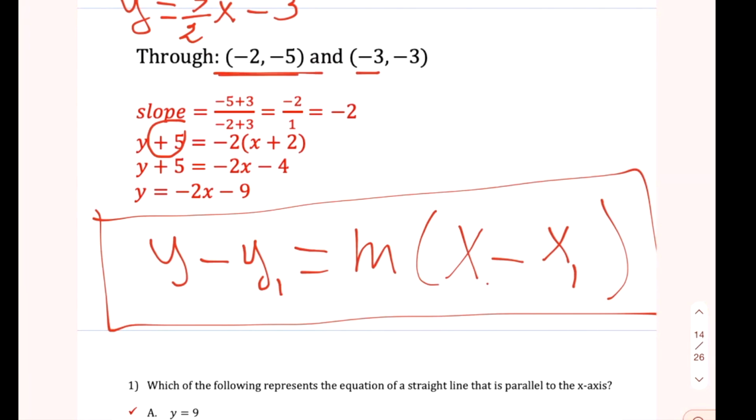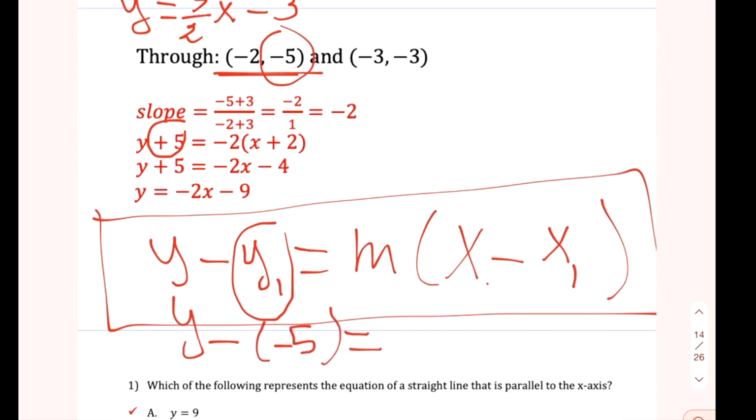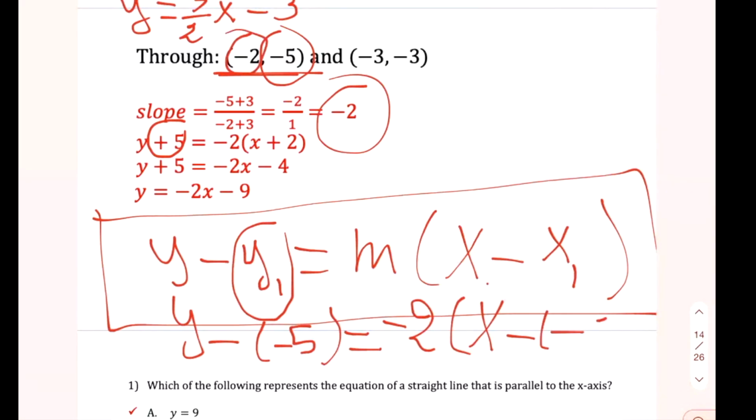So y1 is negative 5. You say y minus negative 5 equals, the slope is negative 2, this is my m, negative 2 times x minus x1. x1 is negative 2, so x minus negative 2.